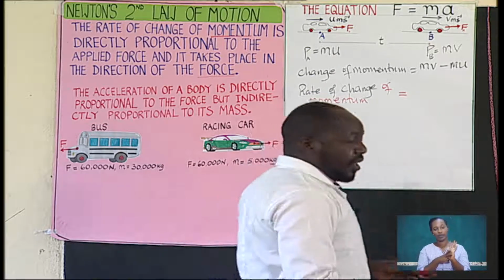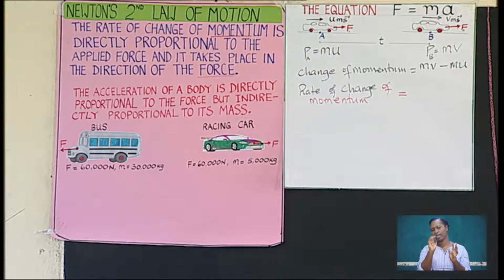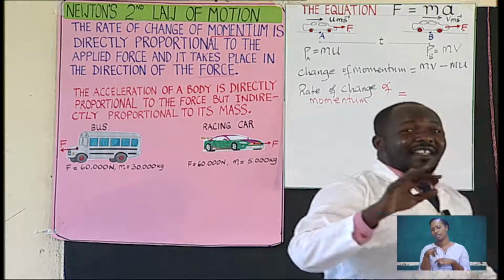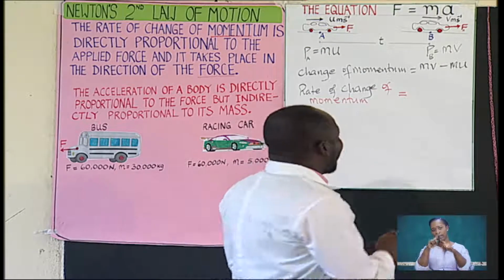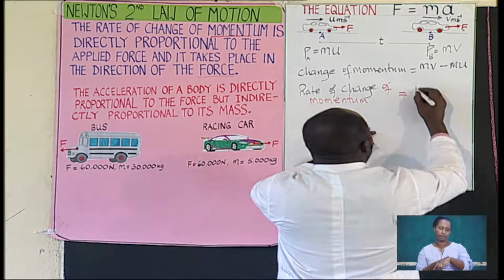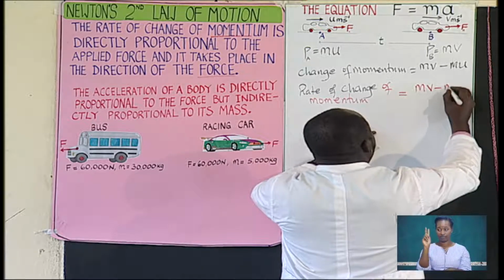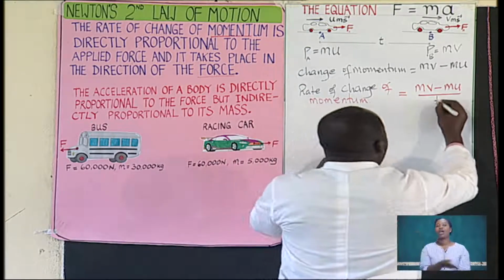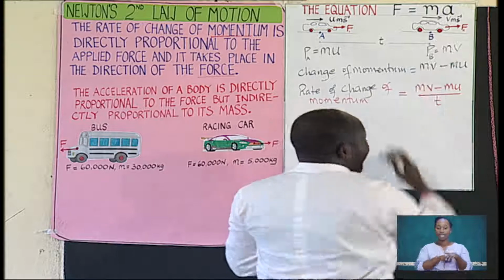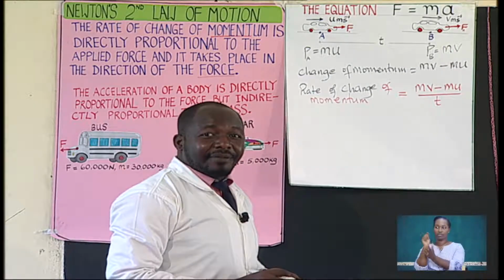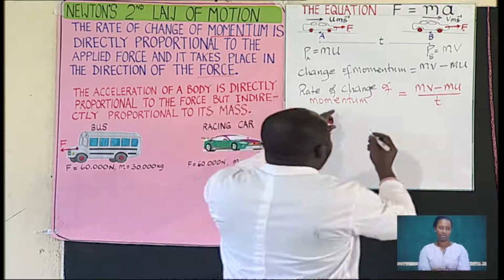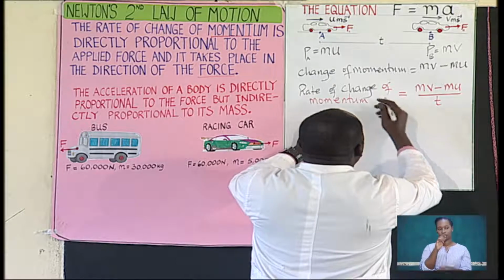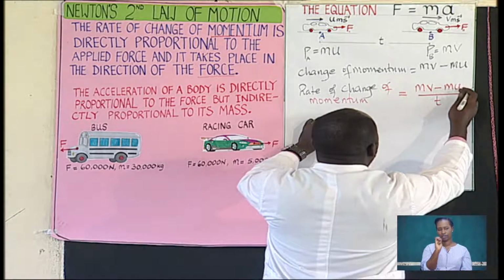What is going to be the rate of change of momentum? Rate means we divide it by time. So we shall look at change in momentum, which is mv minus mu, out of time. The time taken from here to there. So this rate of change of momentum is mv minus mu over t.